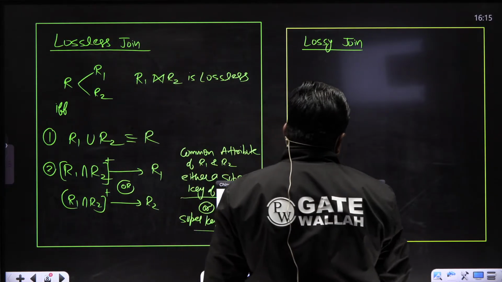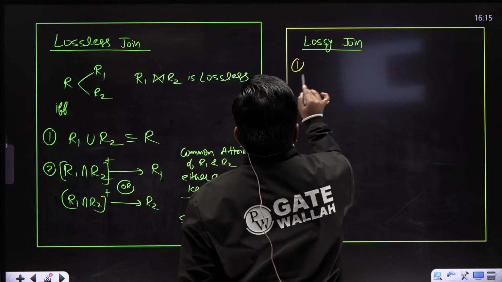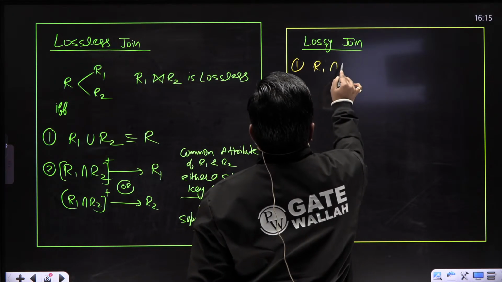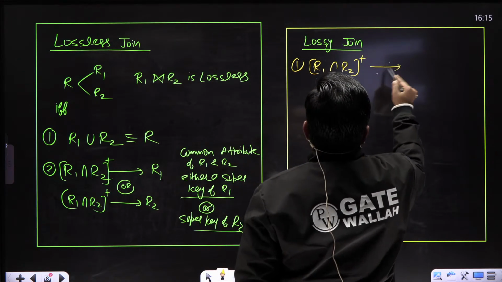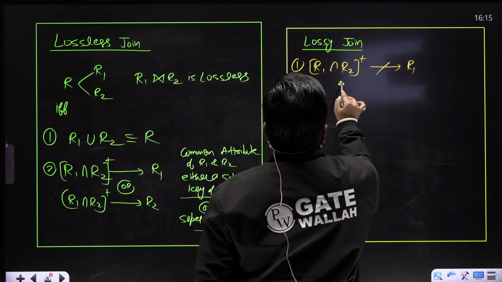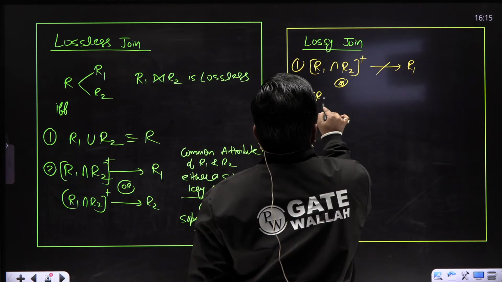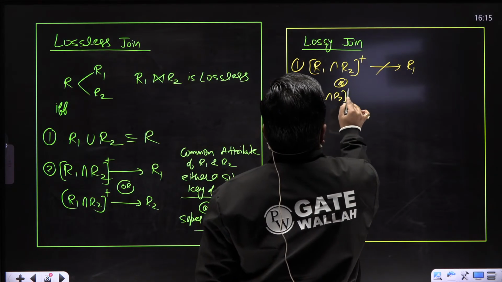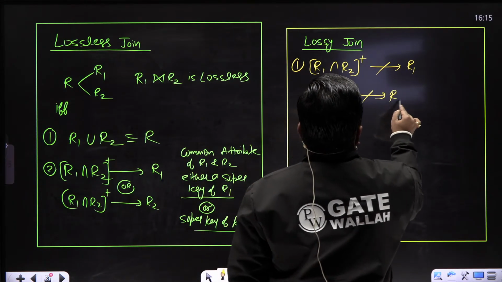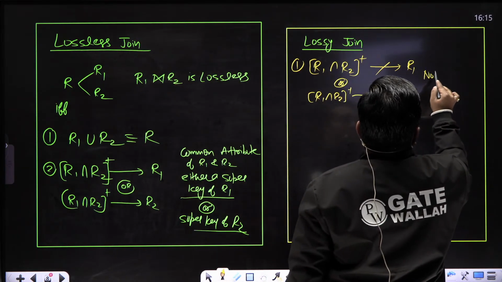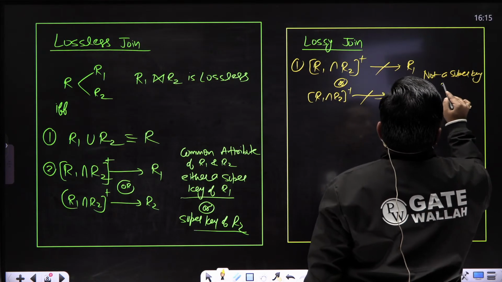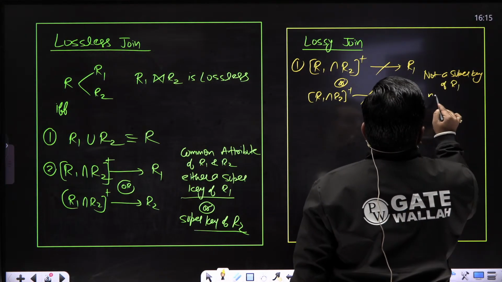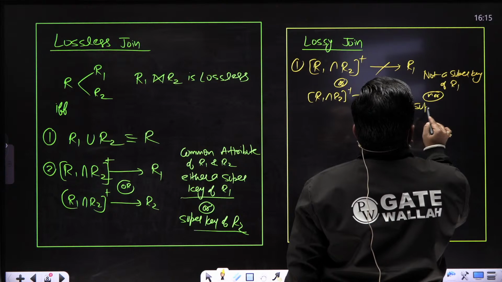Now, whenever we are talking about lossy, the first one is: the closure of the common attribute of R1 and R2 gives neither R1 nor R2, meaning it is not a super key of R1 and not a super key of R2.